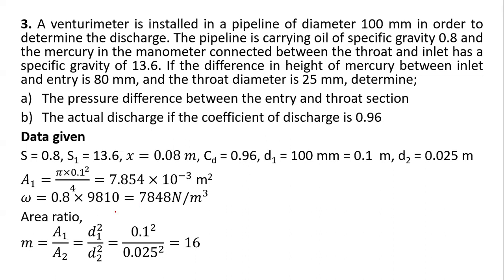So then, specific gravity is 0.8 for the pipe. Then specific gravity for the fluid in the manometer, where we are trying to test, is 13.6. X is the difference in height in the mercury level.